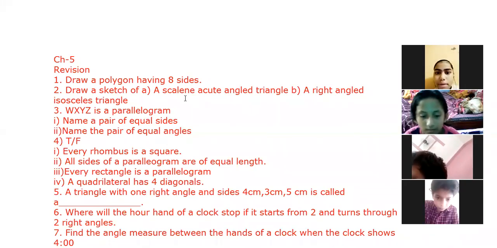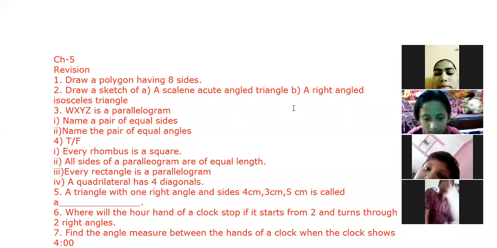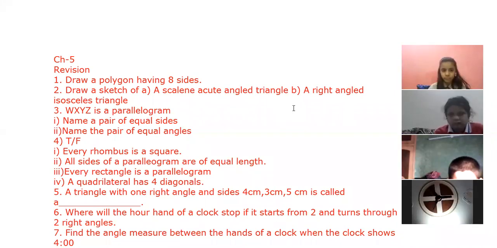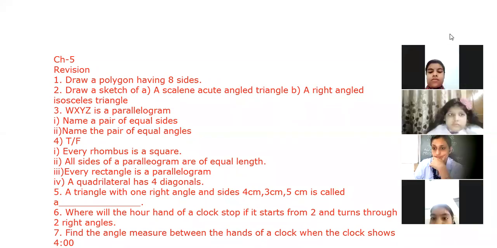Next, a scalene acute angle triangle. You can show me who has done it in notebook. A scalene, or you can raise your hand. I can see your notebook. Yes, Tanishka, unmuted.